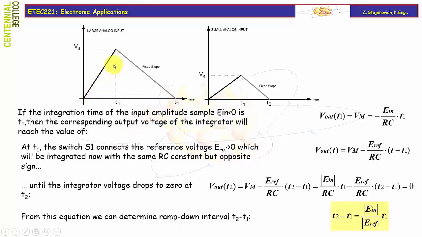So when we have opposite polarity, we will have a mirror picture of the one that is applicable for negative input amplitude. To get rid of the problem with the polarities, in this final expression we put EIN and EREF as absolute values. But you should keep in mind that they are always opposite.